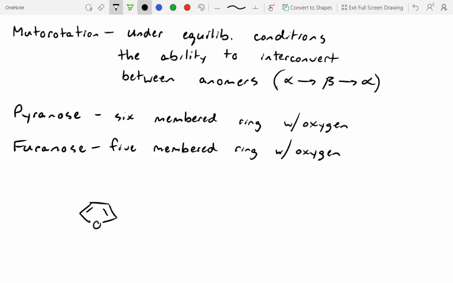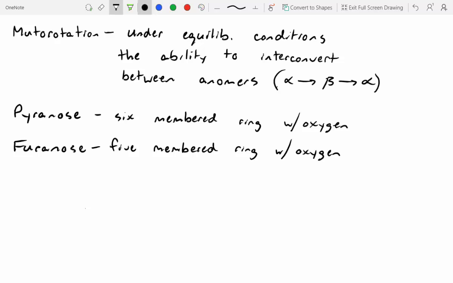Oftentimes you'll see carbohydrates that will exist as a 5-membered ring or a 6-membered ring. It really depends on the carbohydrate. However, we know that 5-membered rings and 6-membered rings tend to be the most stable ring sizes, and that's why nature does a good job of selecting them. Does that make sense? Okay. I know it's a lot of definitions, but it's kind of creeping in on biology, so I wanted to make sure we had those clear.